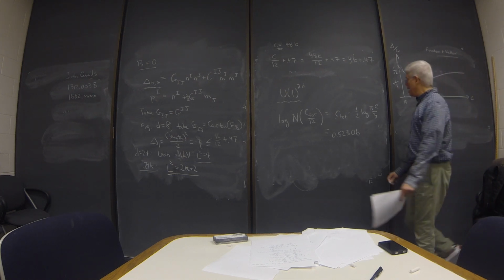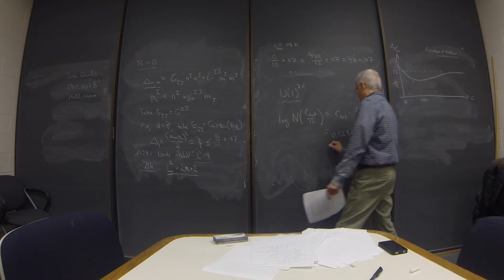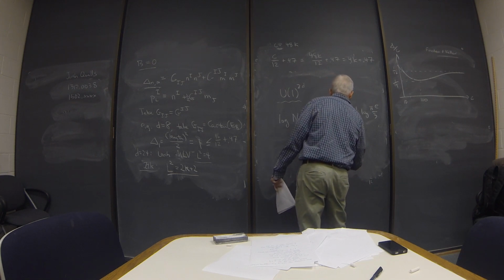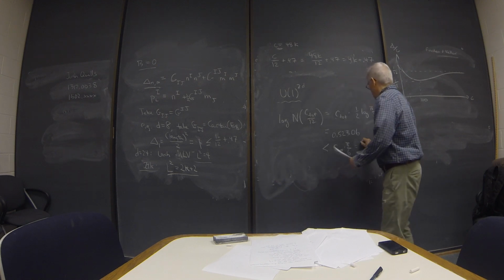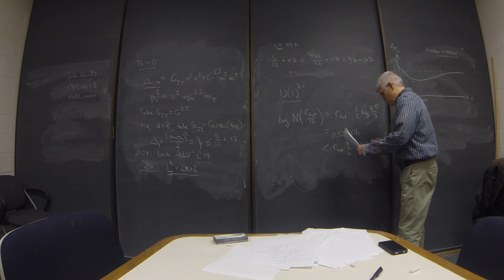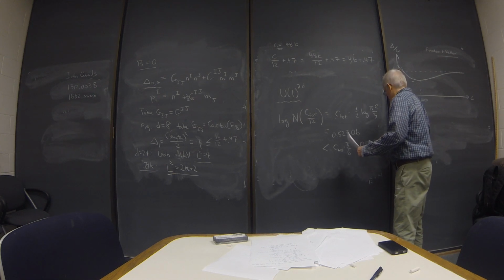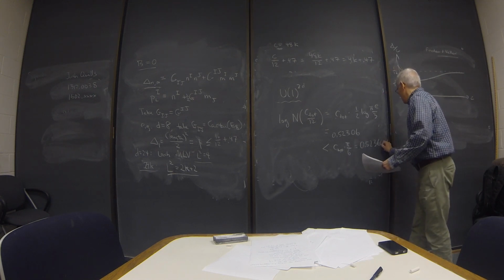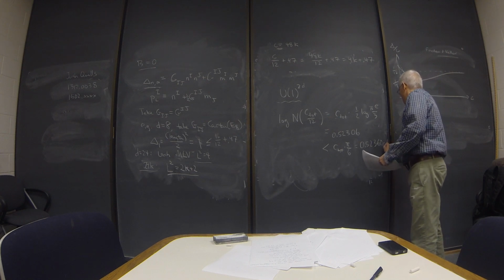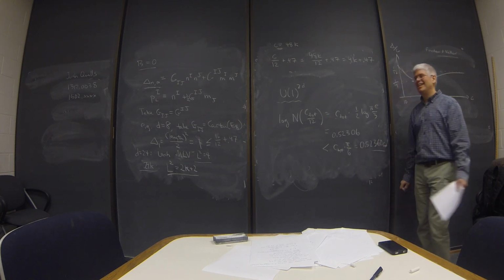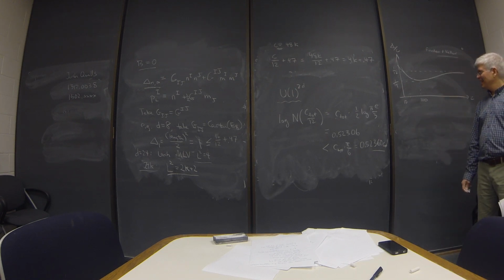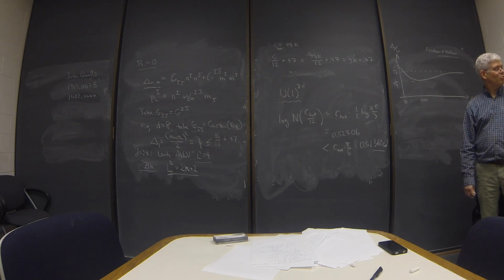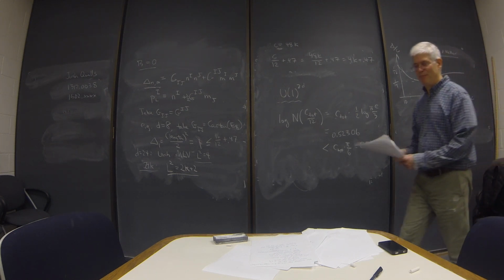And in fact, it's less than c total times pi over 6, which is 0.5236 times c total, but just barely. I don't know why that should be. Which means it's not quite gravity, but it's close. Maybe I better stop.